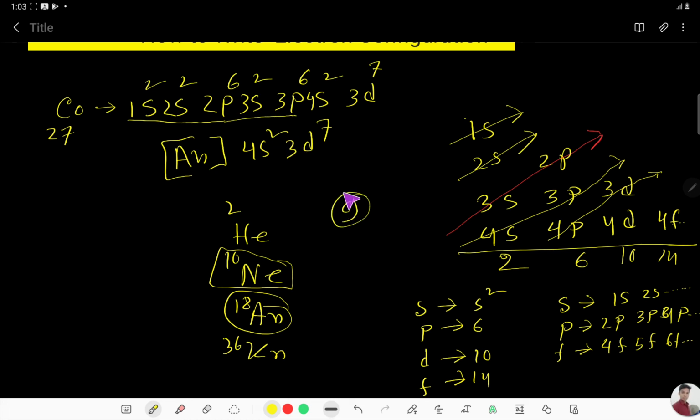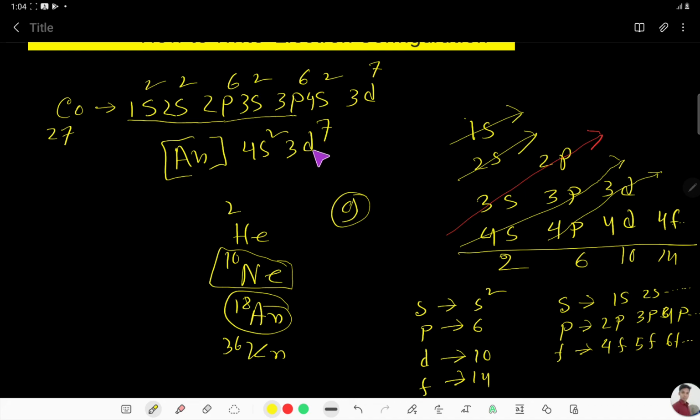Look, cobalt is a transition metal and its valence electrons are 7 plus 2, that is 9, right? The valence electron count is 9 because for a transition metal we consider the d subshell as part of the valence shell.